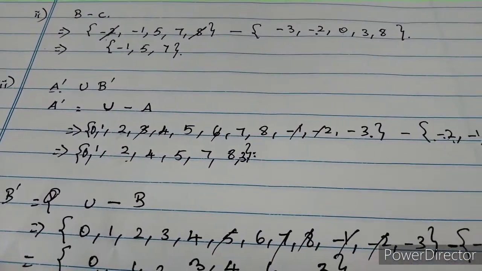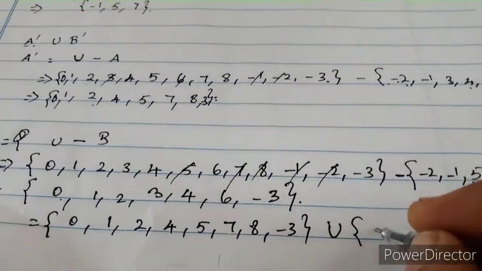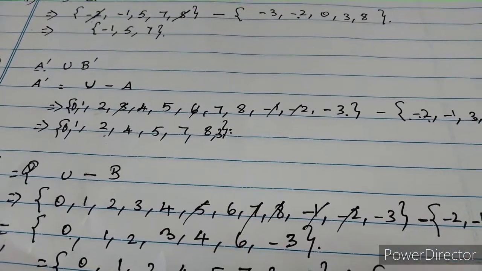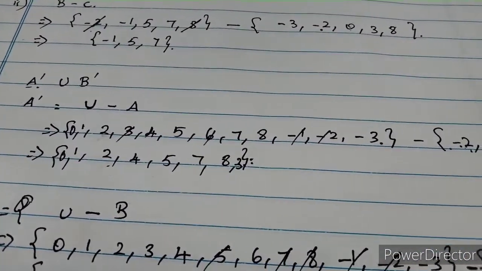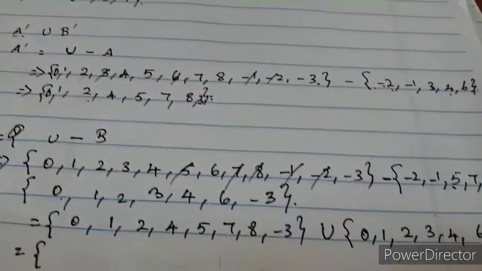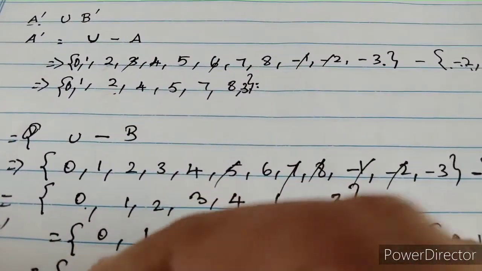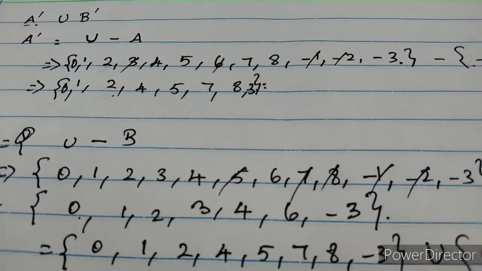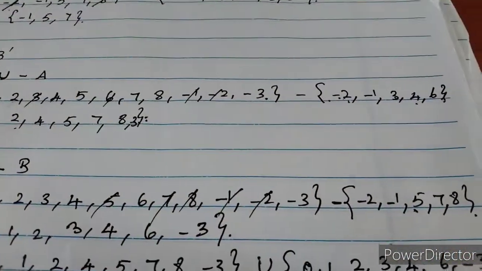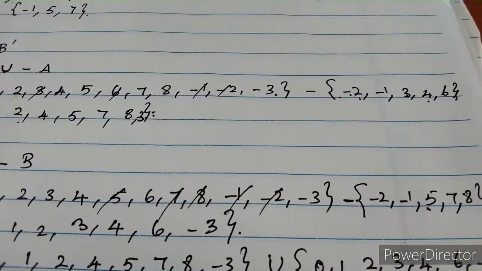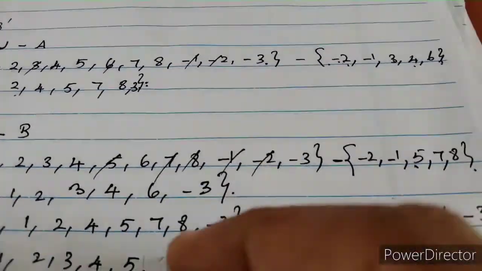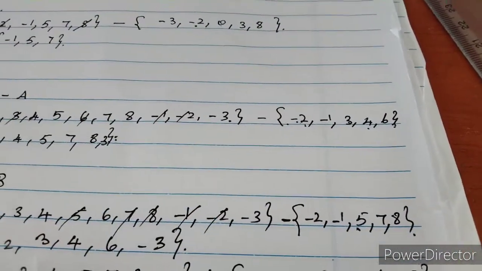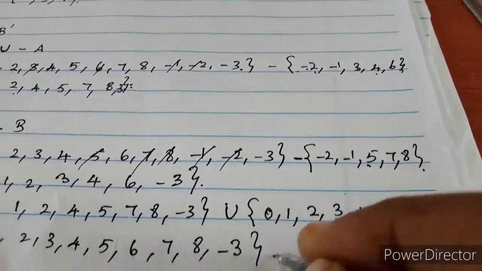And then the complement of B is 1, 2, 3, 4, 6 and -3. Now write all the elements together: 1, 2, then 3, 4, 5, 6, 7, 8, -3.